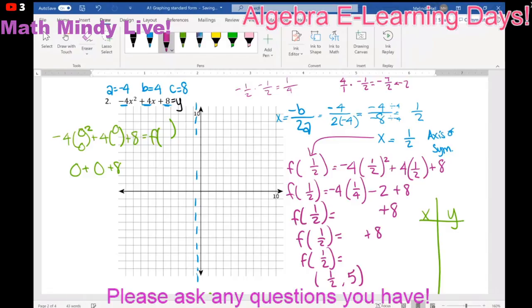So -4 times 1/4 would be -1, and then +4 times +1/2 would be +2. And so then -1 plus 2 would be +1, and then 1 plus 8 would be 9. There we go. That's better.